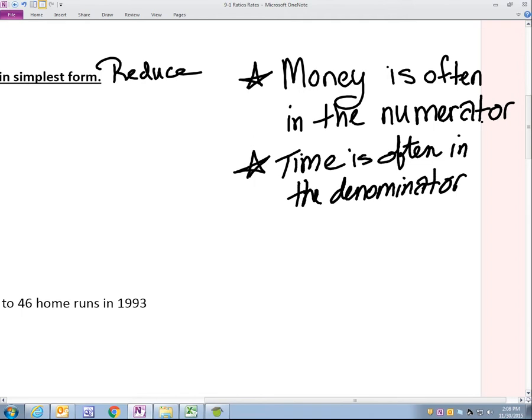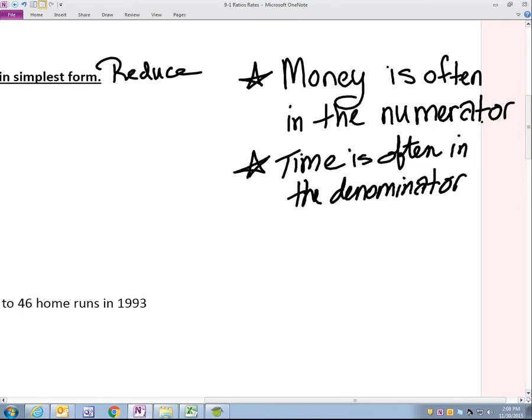I say often because it can be however people are asking for information, but people are less often paid by hours per dollar.